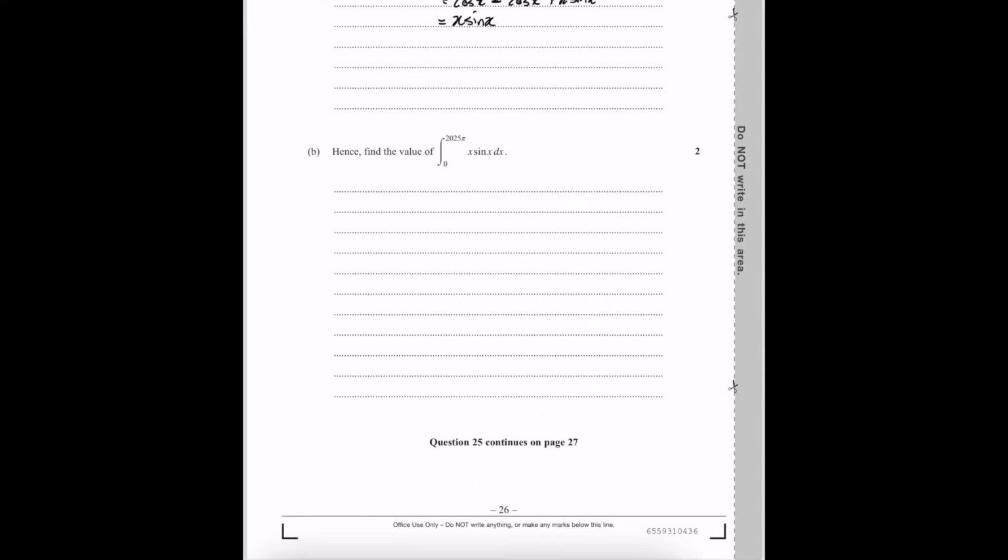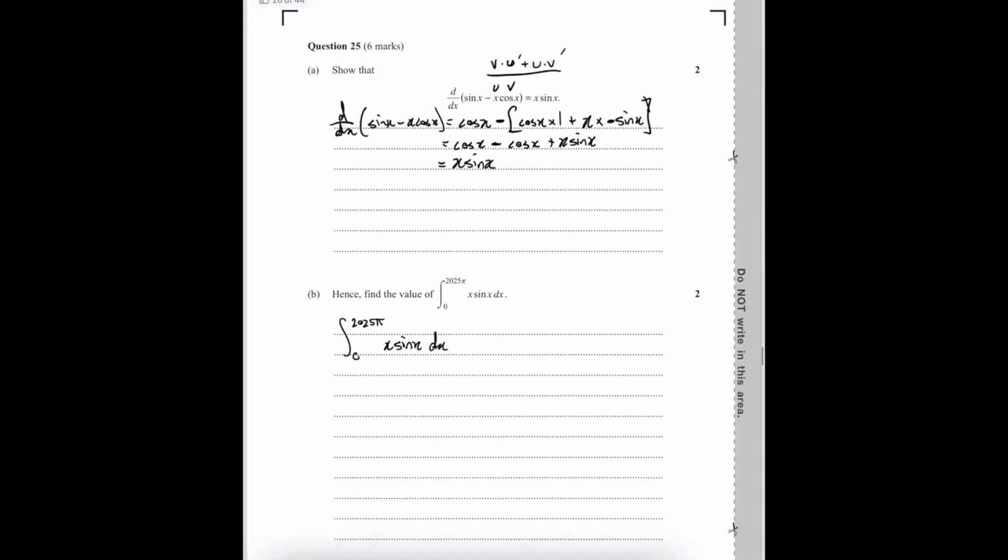Part B says, hence find the value of the integral from 0 to 2025 pi of x sine x. So if we integrate from 0 to 2025 pi x sine x dx, what we've proved up here is that x sine x is equal to that derivative. And so we can just pop that in. So 0 to 2025 pi d/dx of, what was it?